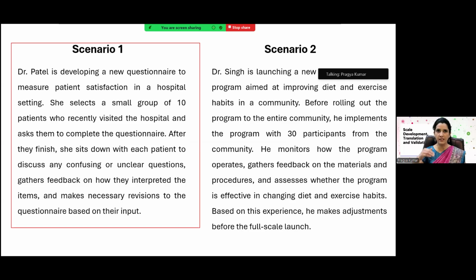First, before you start reading, what Dr. Patel has done is take a small group of 10 patients, and after they completed the questionnaire, she discussed it with each of the patients regarding any ambiguity or clarity, and gathered feedback on how they interpreted the items and the questionnaire. And then she did the revision. This was one activity which she did. Now, in scenario 2, can someone read it?